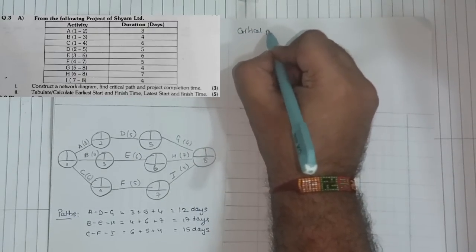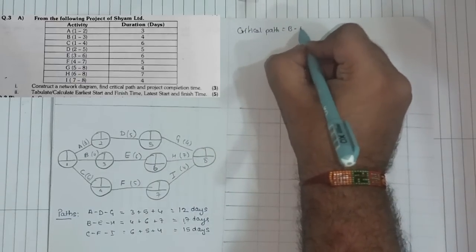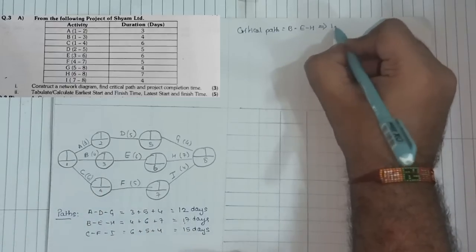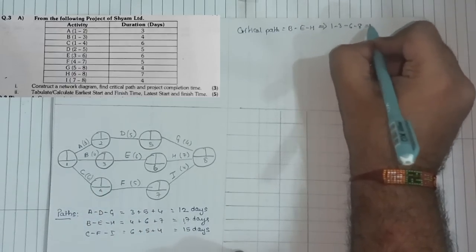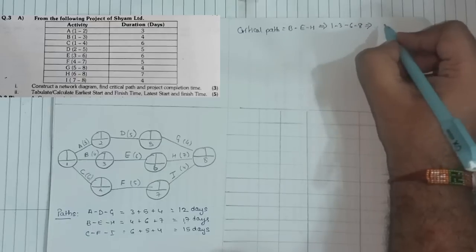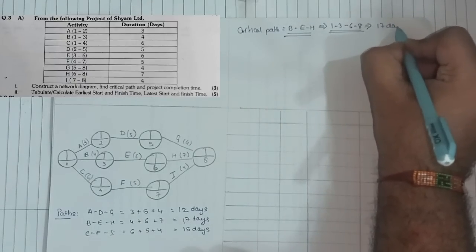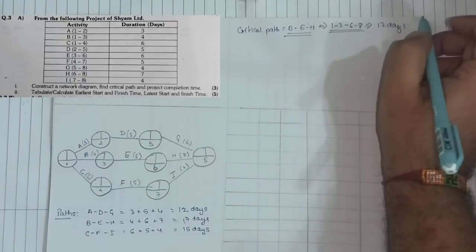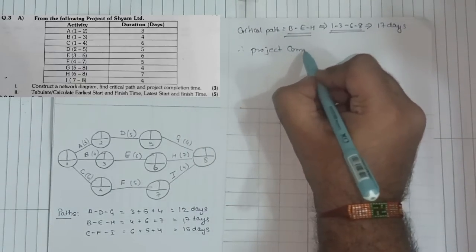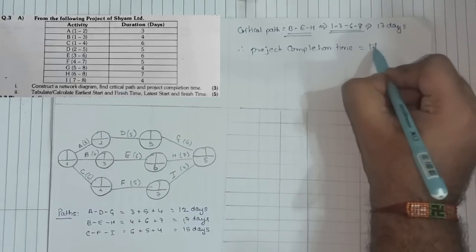The critical path is the highest value, which is 17, which is B E H, made up of nodes 1, 3, 6 and 8, and the value is 17 days. That's the critical path. And they're asking us for the project completion time. Therefore the project completion time equals 17 days.